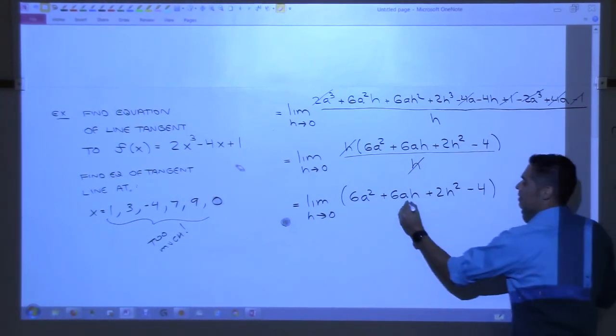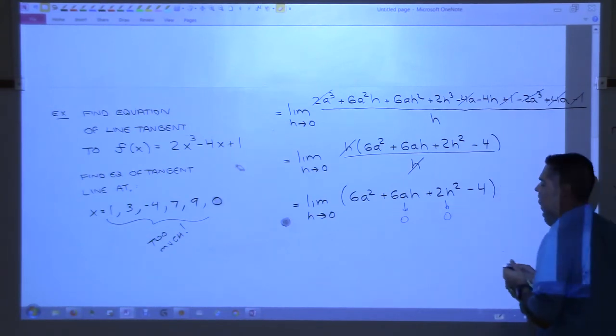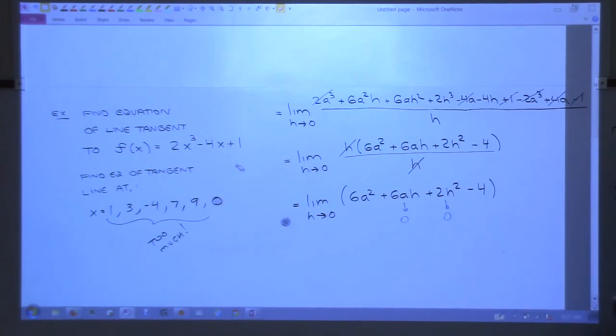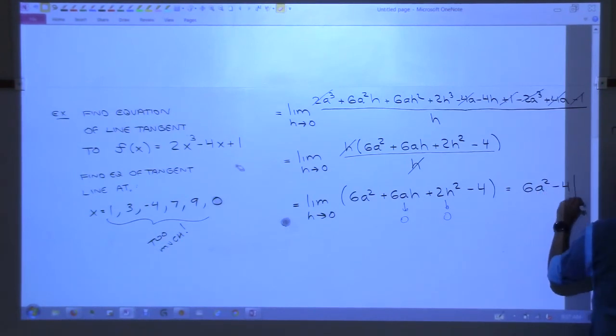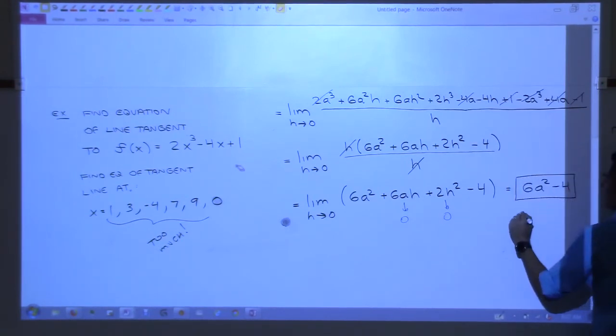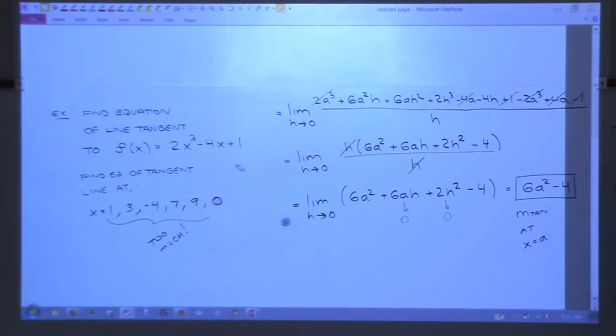So that means this guy is going to vanish to 0, the whole thing. This is going to vanish to 0. And all I'm left with is 6a squared minus 4. This is the slope of the tangent line at x equals a. That's the slope of the tangent line.